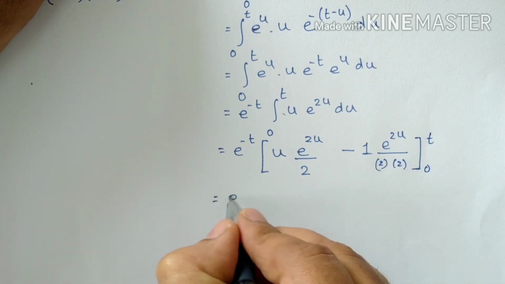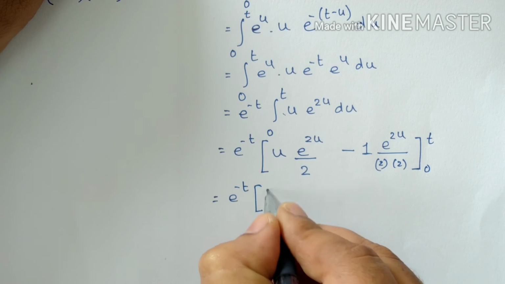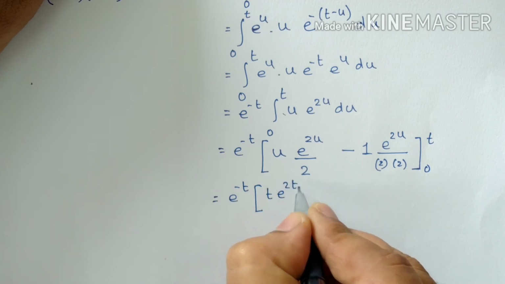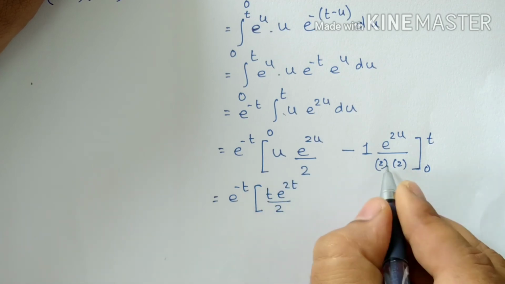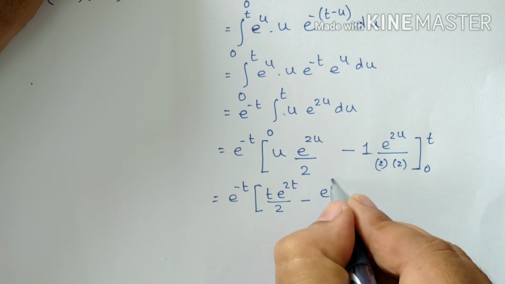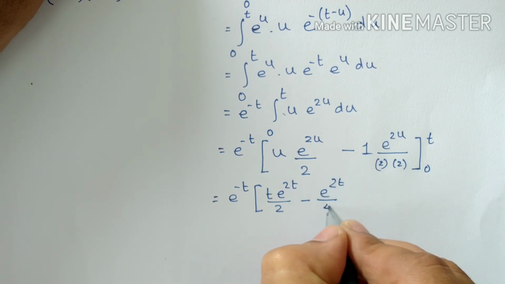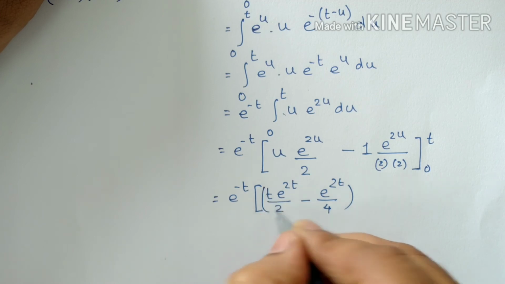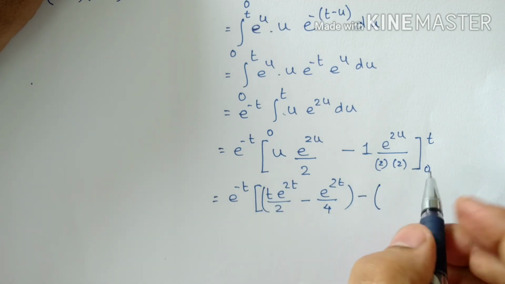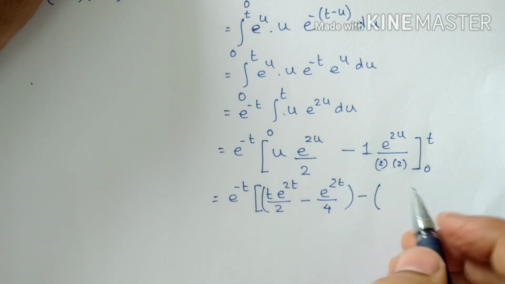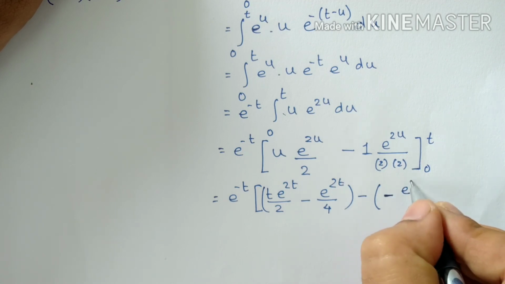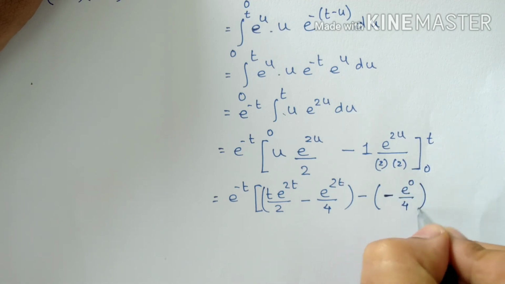So hence this is e raised to minus t into bracket t into e raised to 2t upon 2, 2 2s are 4, e raised to 2t divided by 4. This is for the upper limit, minus for the lower limit. This entire term is going to be 0, minus e raised to 0 upon 4.